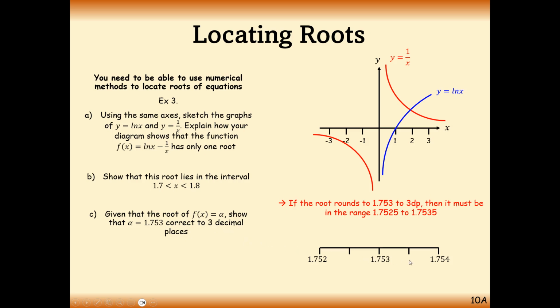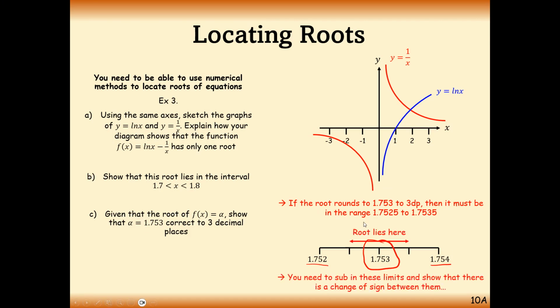So we see on the number line that the root the question told us is in the middle. We are going to pick these two values and evaluate the function at those 2 points.